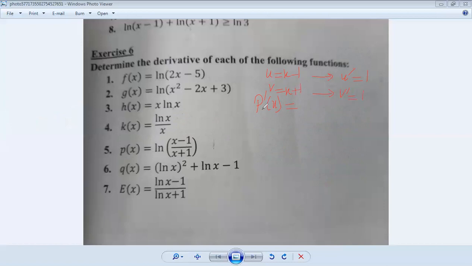Then u prime v is 1 times x plus 1, which is x plus 1, minus v prime times u, 1 times x minus 1, which is minus x minus 1, over v squared, x plus 1 squared.